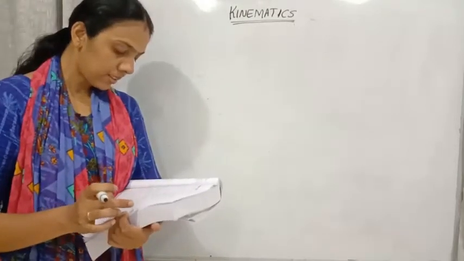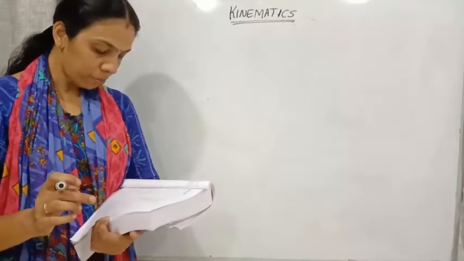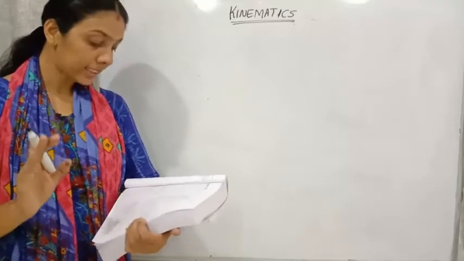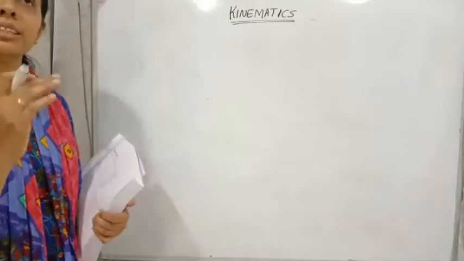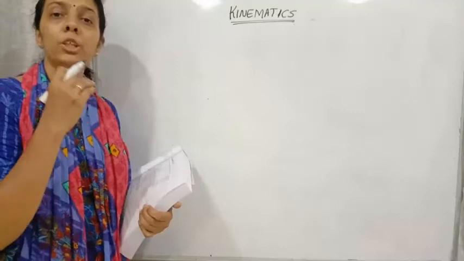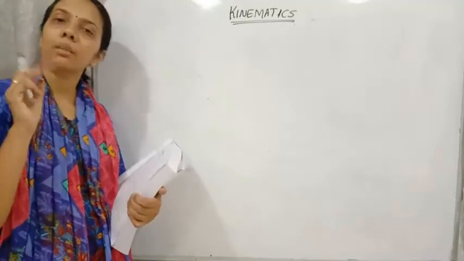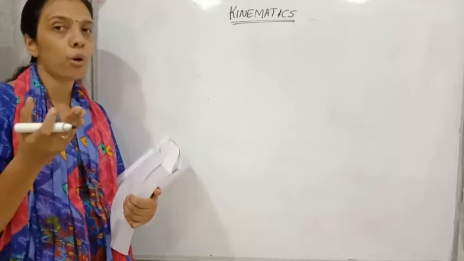Next question: the graph between displacement and time for a particle moving with uniform acceleration is, which shape? If an object is moving with uniform acceleration, how will the velocity time graph be?